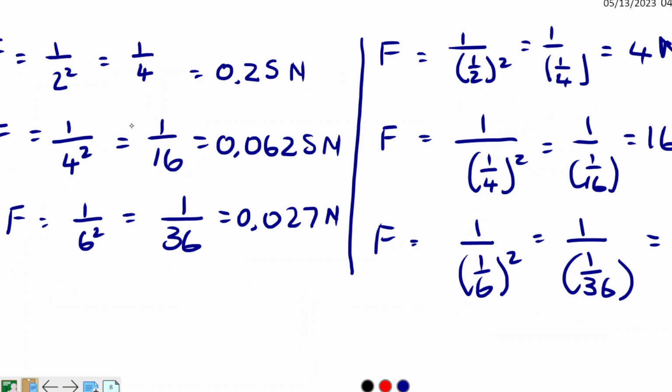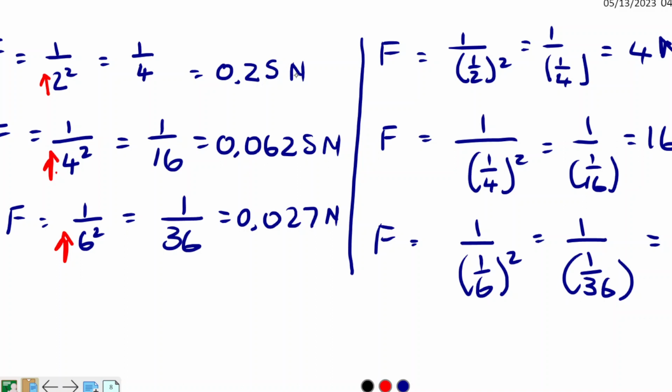Okay, let me quickly show you here. If you have a distance, in this case 2, I increase it to 4, then I increase it to 6. So you see my distance is increasing from 2, 4, and 6. What happens now to the force?